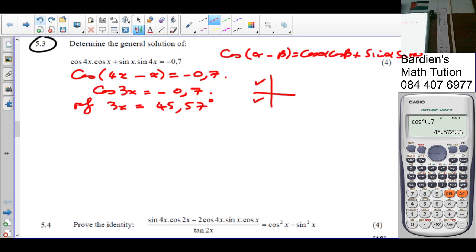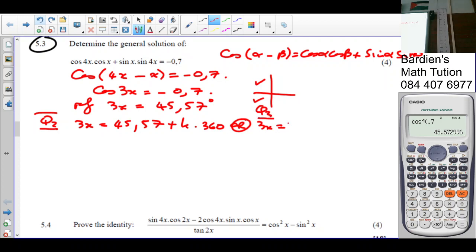Now I tend to work with the positive angles, okay? So in quadrant 2 it's going to be 3x is equal to 180 minus 45,57 plus k times 360, because the period of the cos graph is 360, or 3x is equal to, for quadrant 3, 180 plus 45,57 plus k times 360.